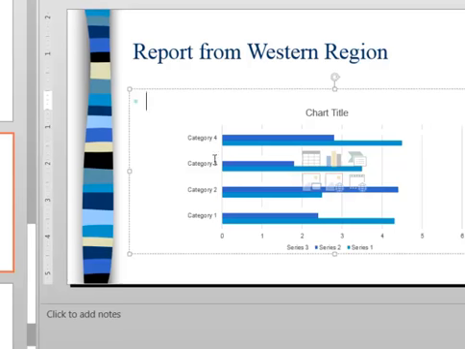You've got Series 1, Series 2, and Series 3. Series 3 isn't showing on here for some reason, but if you look at the actual data that this was designed from, you'll see that there's data in each one of the series that will allow you to mess around with changing the data, put in the data you need to, or if you want to use data from a spreadsheet of your own, you can.